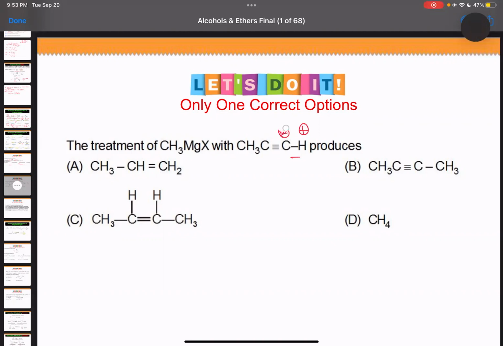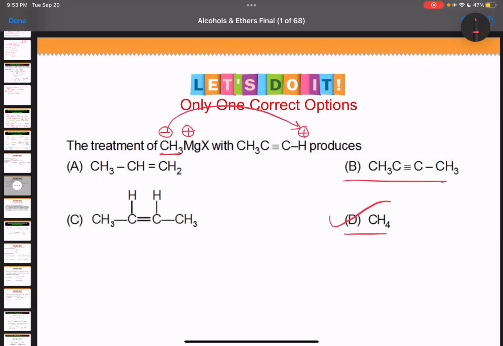Sir, it will produce B, sir. Yeah, so I told you, just keep this in mind, you will do all of this. What is going to be the answer to this one? Sir, B. Second or fourth option? Second one, sir. No, not the second one. This one, D. This is minus, this is acidic hydrogen.